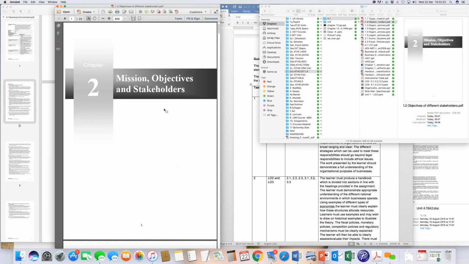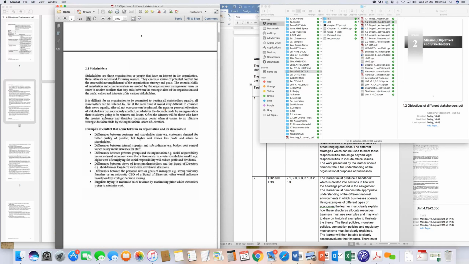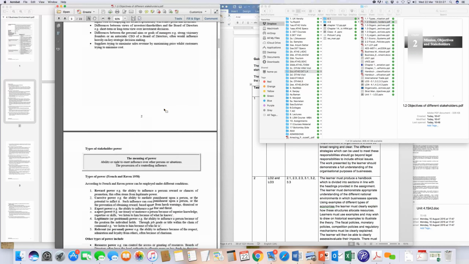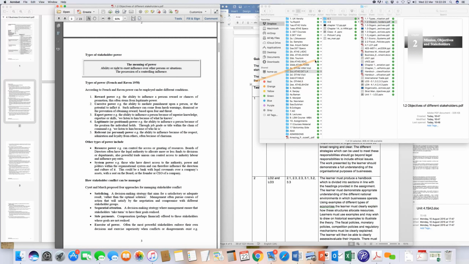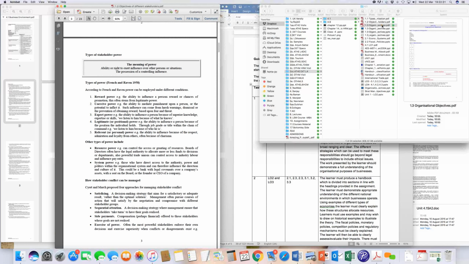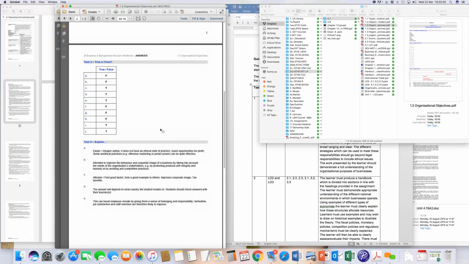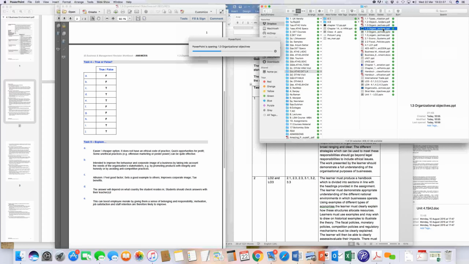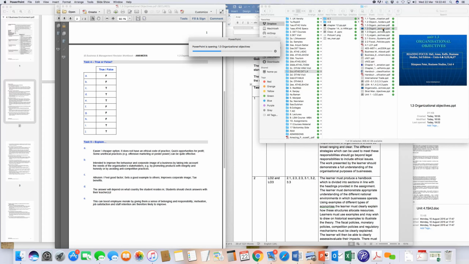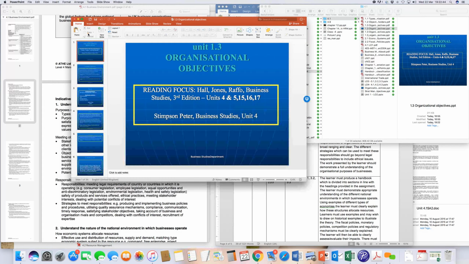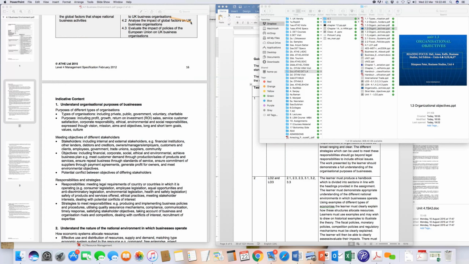The objectives of task holders, this is a bit of additional reading, but you're looking at pages 1, 2, 3, which will give you more of the related stuff which is required. And then you look at handout 1.3, it will give you some other bits and pieces in terms of the presentation in particular to be able to cover for task 1.3.